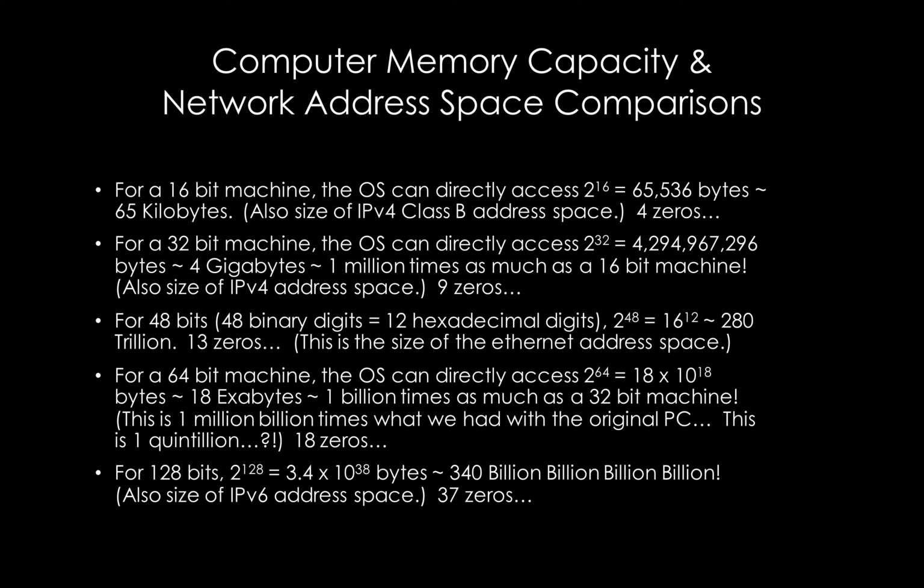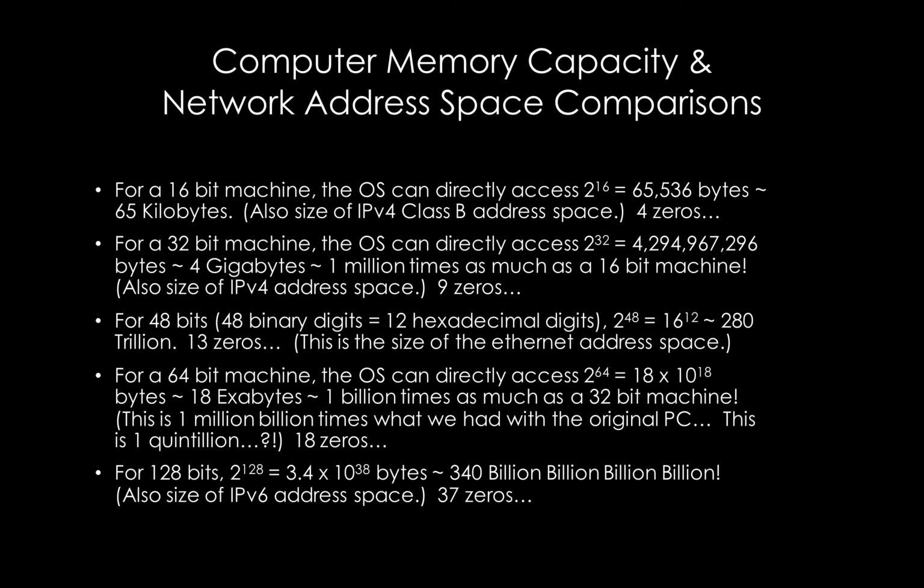For 48 bits, we have 280 trillion possibilities, and the reason that I'm calling out the 48 bits is that this is the size of the Ethernet address space. When we discuss the networking basics, we're going to look at the Ethernet layer as well.